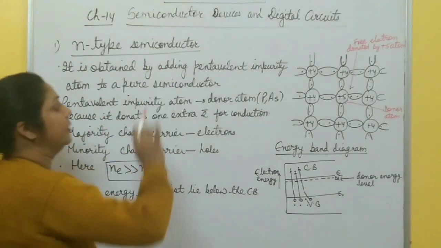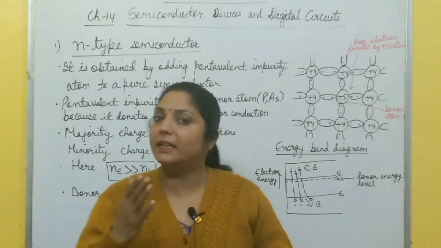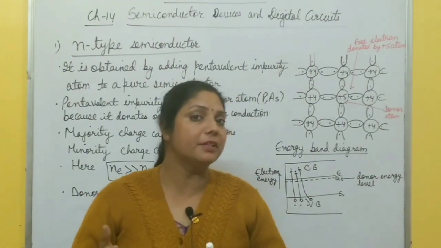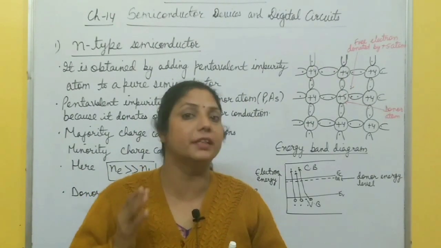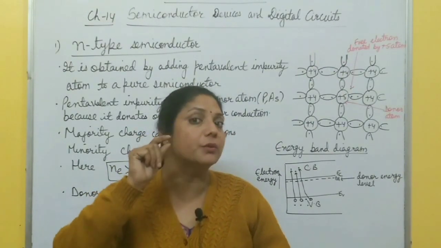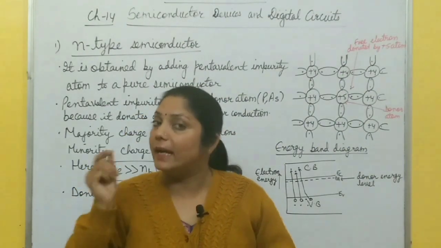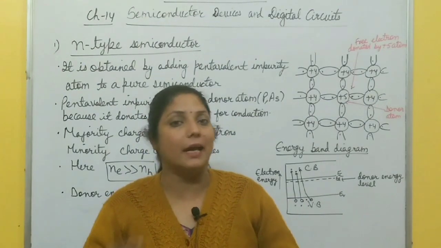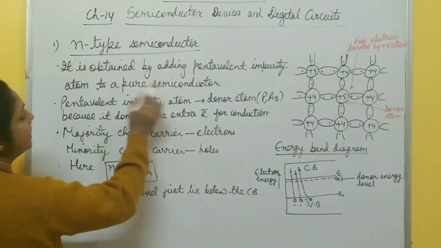Now, the N-type semiconductor. What is an N-type semiconductor? When a pentavalent impurity, meaning atoms which have plus 5 valence electrons in the outermost shell, from the 5th group of the periodic table, is added to a pure semiconductor, the resultant semiconductor formed is N-type.